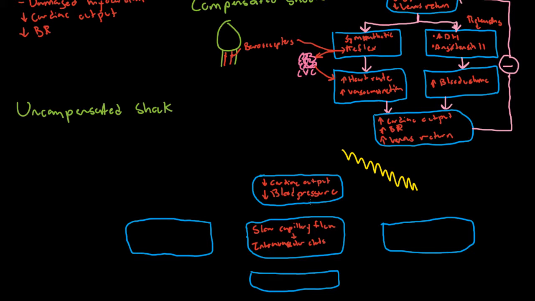However, we also have some other issues that arise from these two things if the body cannot compensate. So decreasing cardiac output or blood pressure may also cause capillary damage, and that's because of low oxygen levels. So capillary damage.